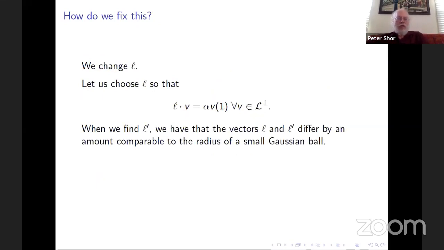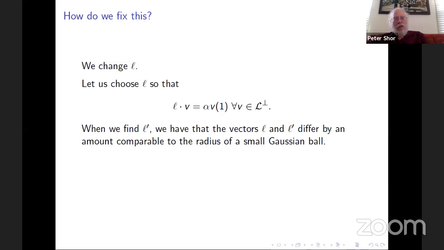What we're going to do is change L. Remember we originally chose L such that L dot V is equal to V of 1. Now we're going to choose L such that L dot V equals alpha times V of 1, where alpha is going to be something close to the radius of a small Gaussian ball.